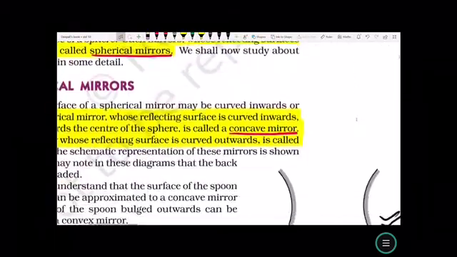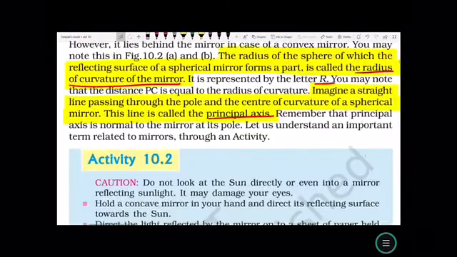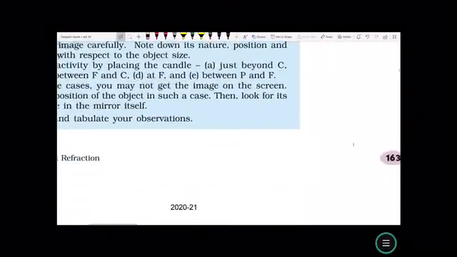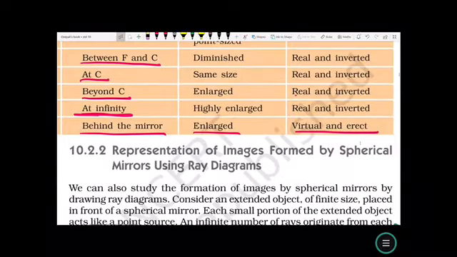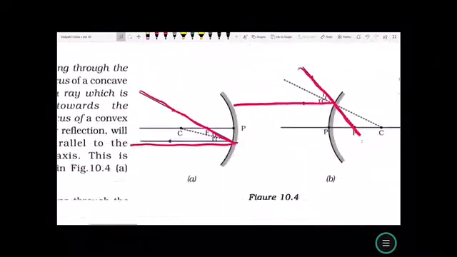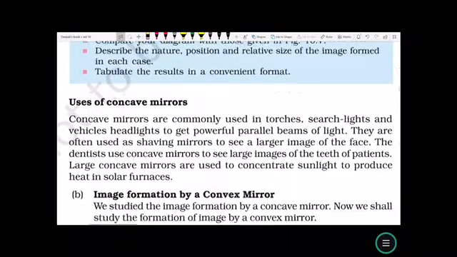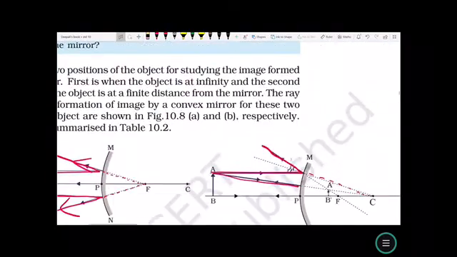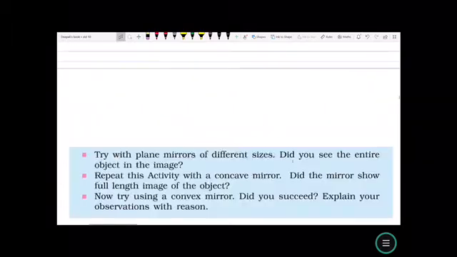We are going to understand the topic of refraction of light through spherical lenses. For that, we need to understand a few terminologies related to the refraction of light by spherical mirrors and spherical lenses.